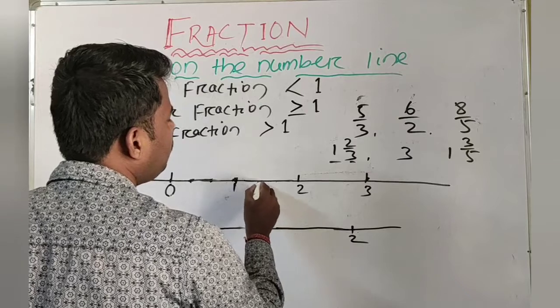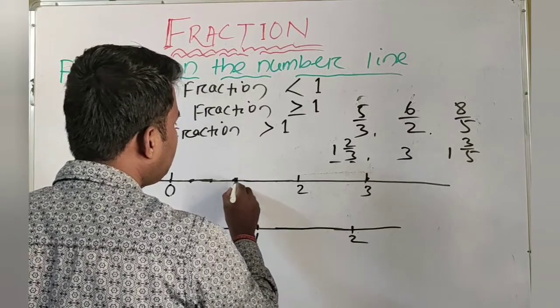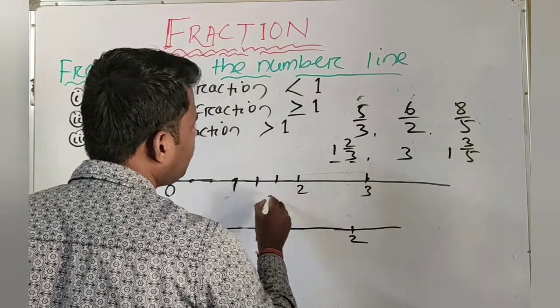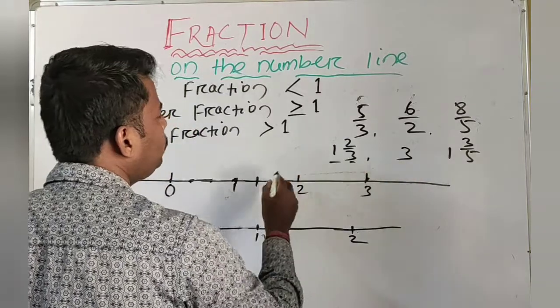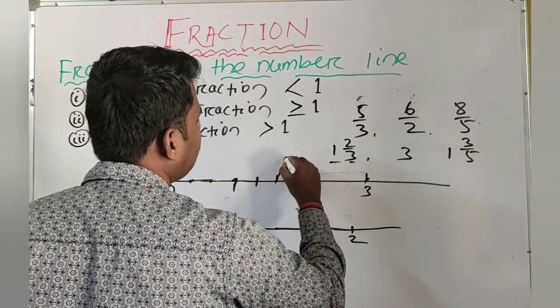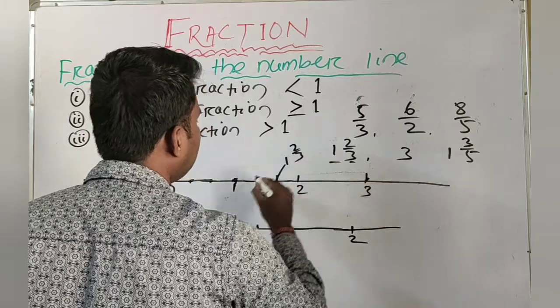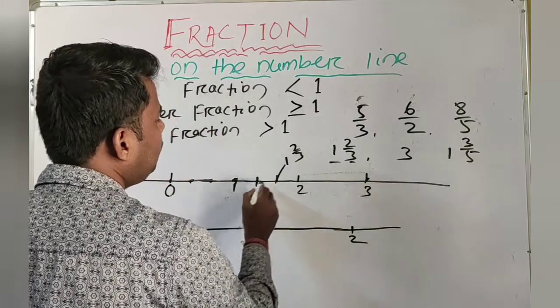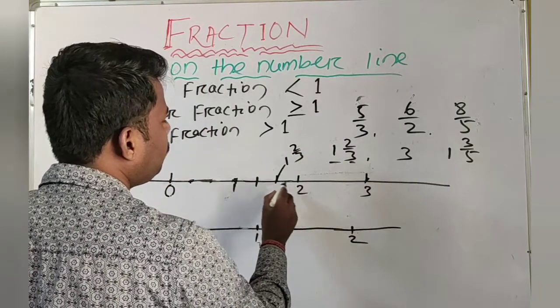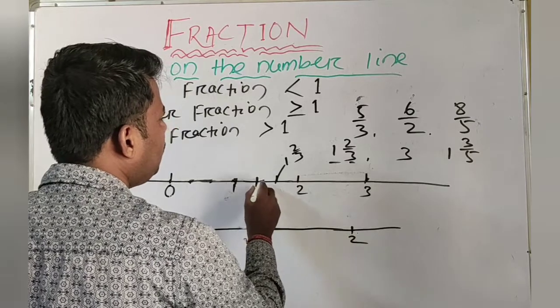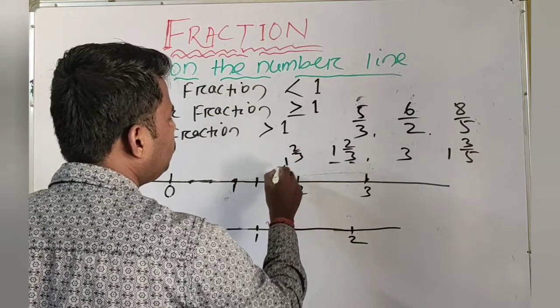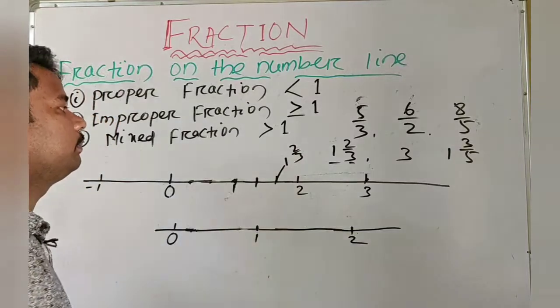So you have to divide equally into 3 parts from 1 to 2. Then the numerator is 2, so we take this part, 1 whole 2 by 3. This one is more than 1, and from 1 to 2 it is equally divided into 3 parts, and we take 2 parts. So 1 whole 2 by 3.